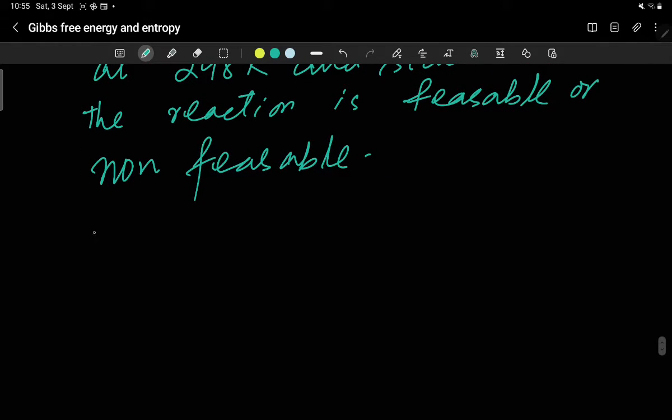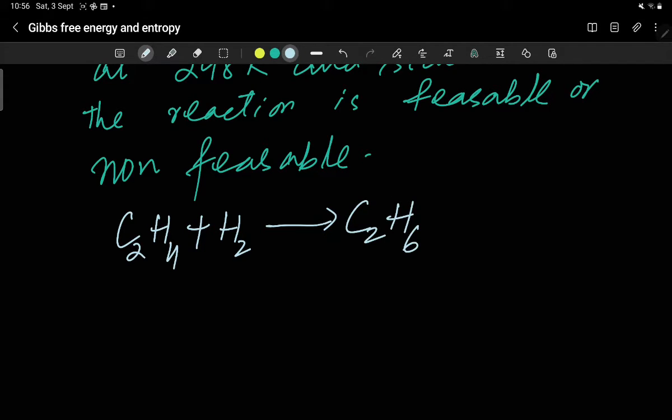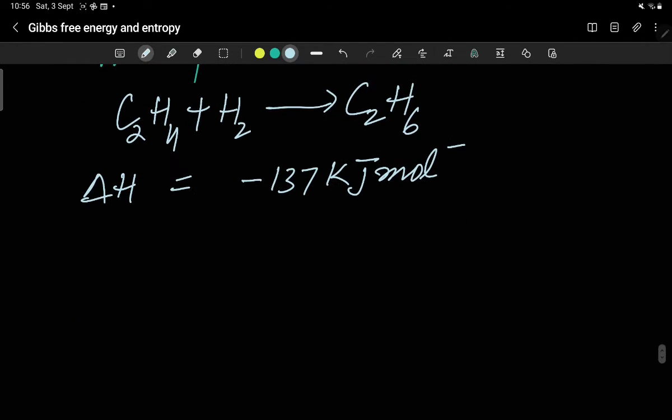First write down the chemical reaction: C2H4 plus H2 to form ethane. Delta H of reaction is equal to minus 137 kilojoule mole inverse.